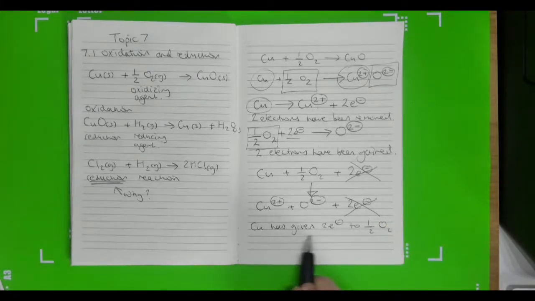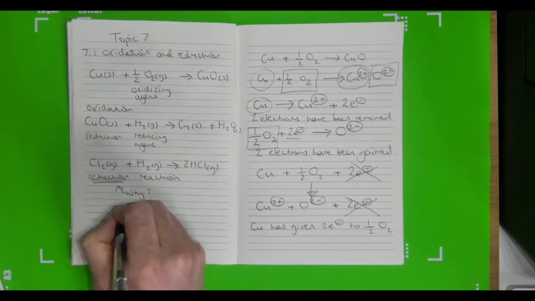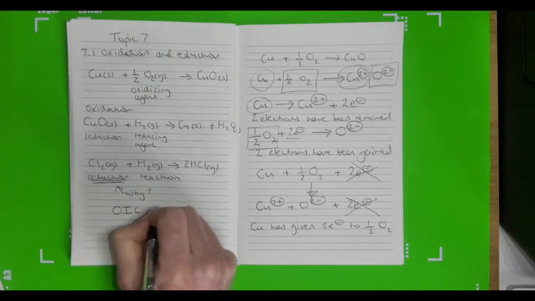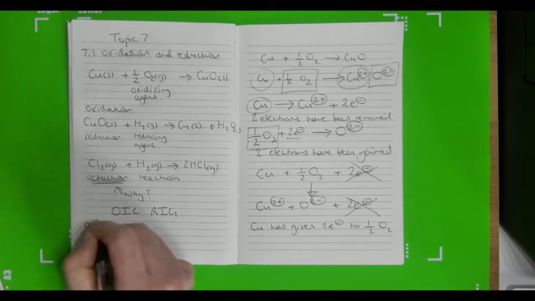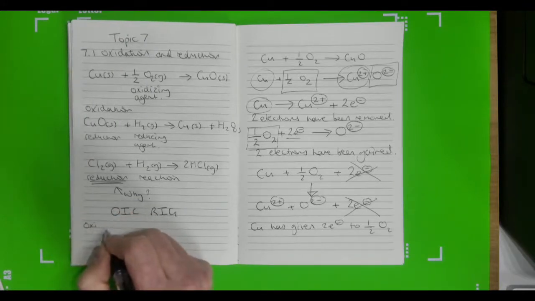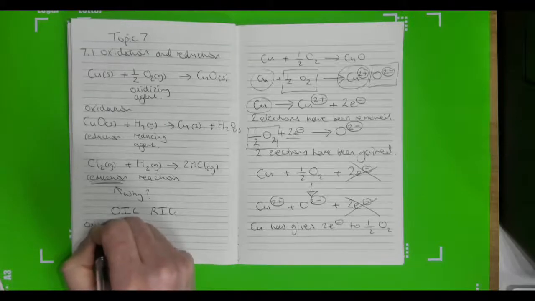The Cu has given 2 electrons to the half O2. Let's write down a mnemonic here. So let's write down the words OIL RIG. Now you might have seen the word OIL RIG before at GCSE. It stands for oxidation is loss of electrons, reduction is gain of electrons.